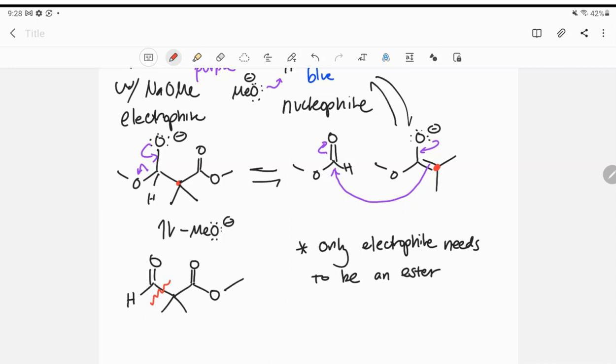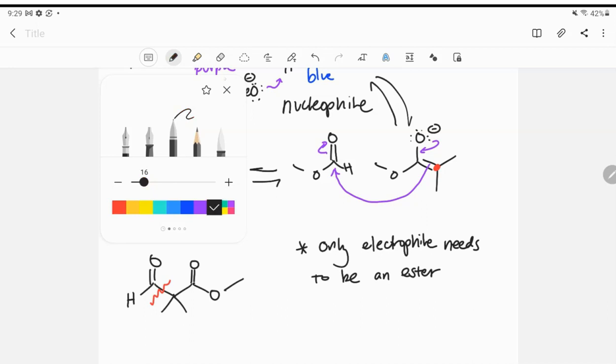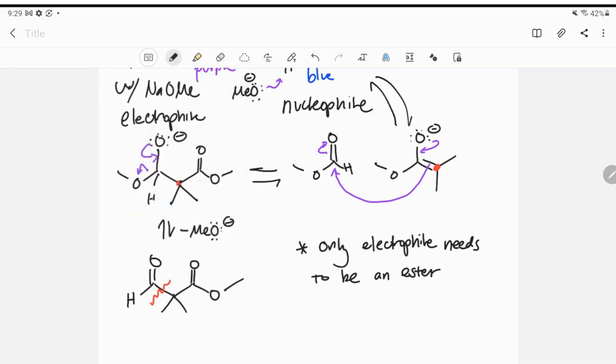So we're essentially replacing the methyl ester with the rest of our other molecule, connecting that alpha carbon to the carbonyl of our electrophile, and we have lost our ester. We'll take a look at another one.